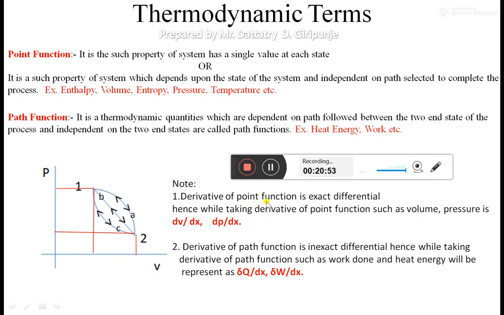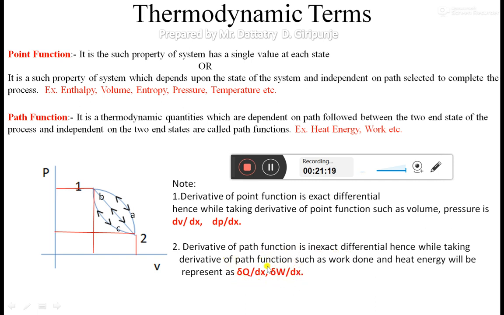The derivative of a point function is an exact differential. Hence, while taking a derivative of a point function, such as volume or pressure, it is represented as dV by dx, dP by dx. So the derivatives of point functions are perfect or exact derivatives. But the derivative of a path function is an inexact differential.